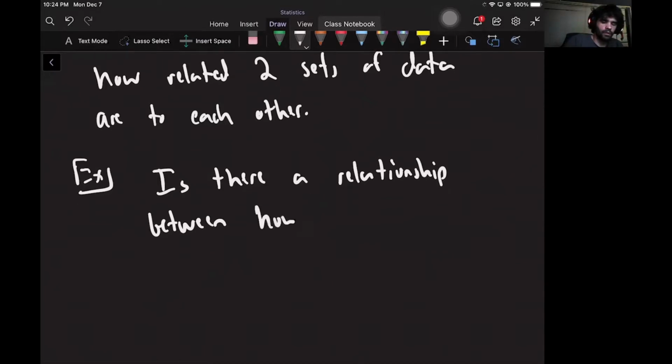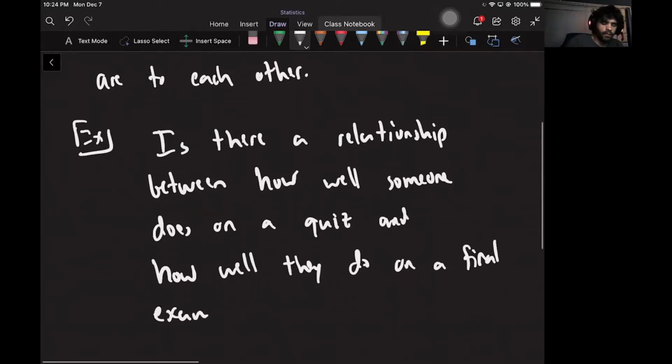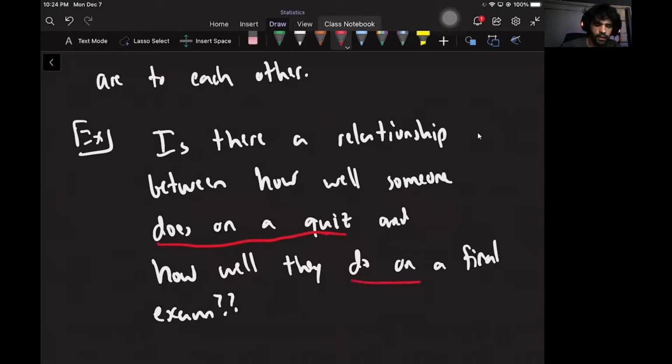So how about this: how well someone does on a quiz and how well they do on a final exam. You might expect that these two things are related. You would probably guess that if someone does better on a quiz, they typically also do better on a final. But using math, we can actually measure how related they are.